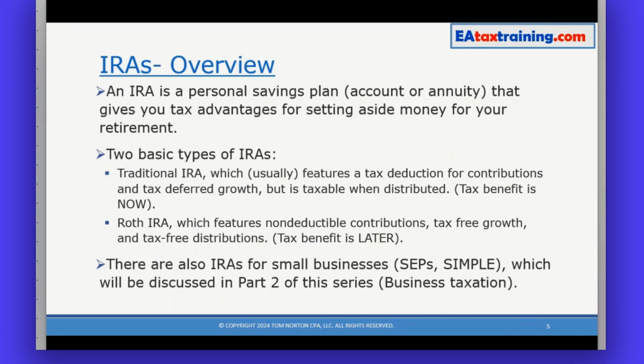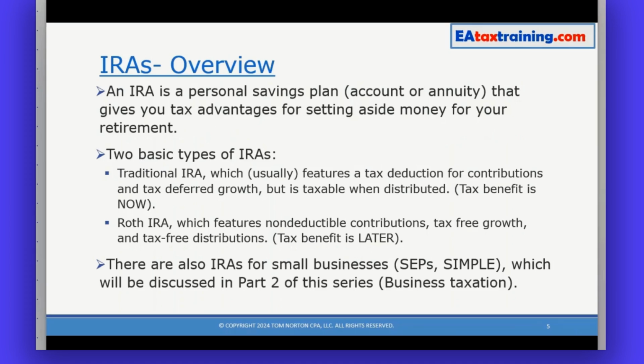The reason it gives you tax advantages is because the government wants you to save for your retirement, because they know that Social Security is likely not to be enough for many people to fund their retirement. So they want to give you a tax advantage to save for retirement.